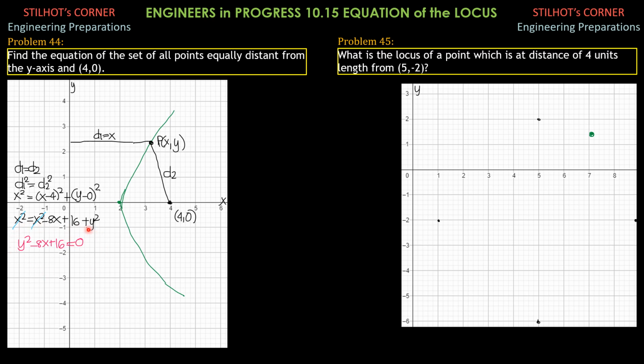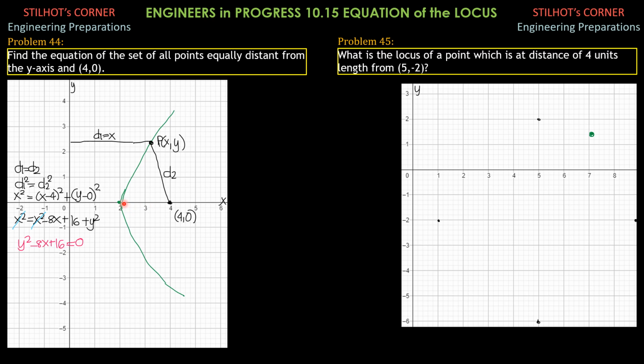Then, based on the figure, this point, which is (2, 0), should be a point on the locus, so that the distance of (2, 0) from the y-axis is 2 units, and the distance of (2, 0) from (4, 0) is also 2 units.